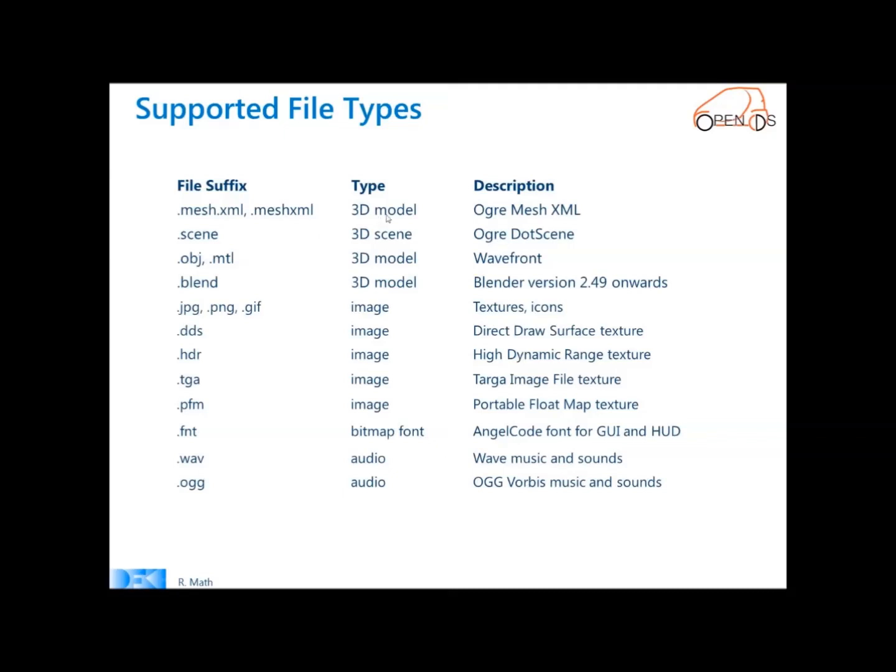What we have already seen are different model files. The first line represents the Ogre XML meshes, which have the .mesh.xml extension, and the scene files with the .scene extension. This is what we get from exporting objects directly from Blender.